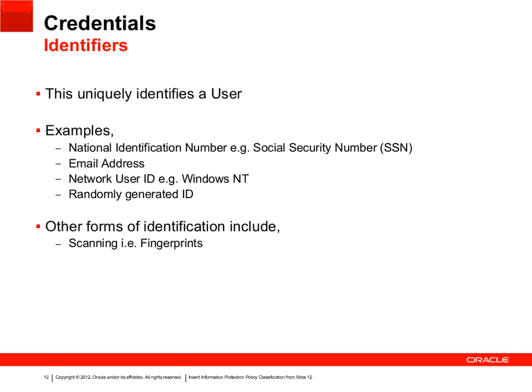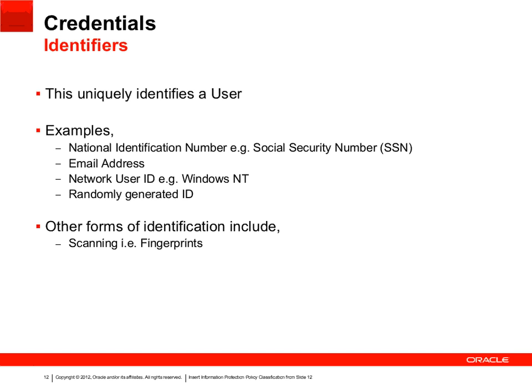Let's go further on credentials. Identifiers are nothing but some key which uniquely identifies a user. For example, some applications use a national identification number as a user ID, just like we have the Social Security Number, which we also call SSN. Some use an email address as a unique identifier.